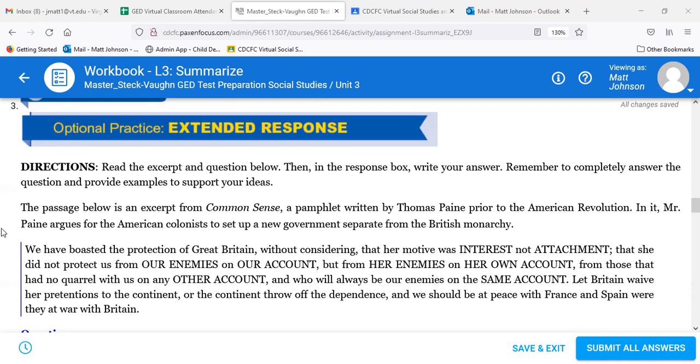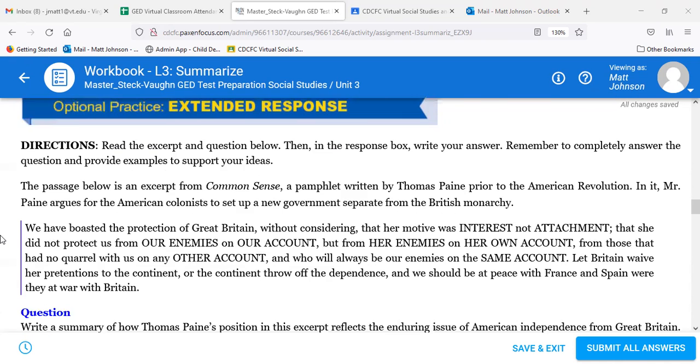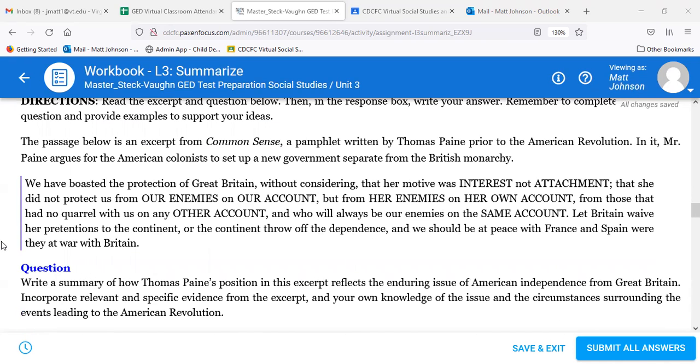Let Britain waive her pretensions to the continent, or the continent throw off the dependence, and we should be at peace with France and Spain were they at war with Britain.